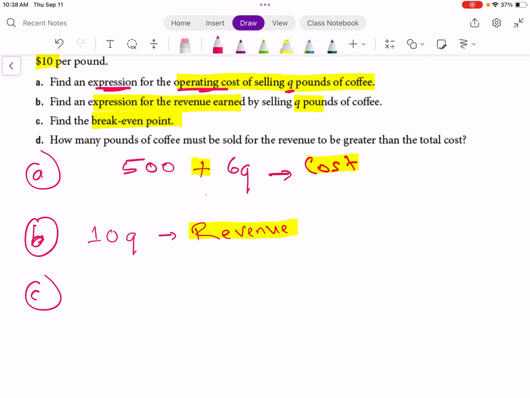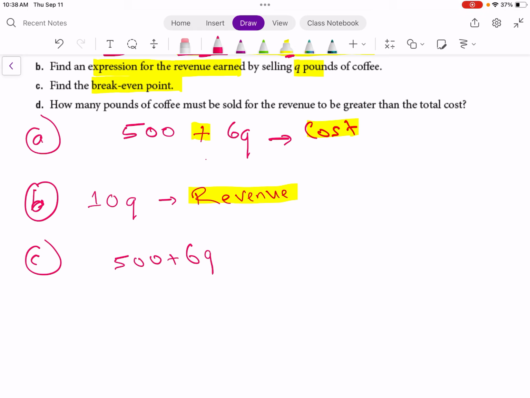Our cost is 500 plus 6Q, and we want our cost to be equal to the revenue, which is 10Q. So in order to have no loss or no gain, how many pounds do we need to sell? That's what we are trying to find.